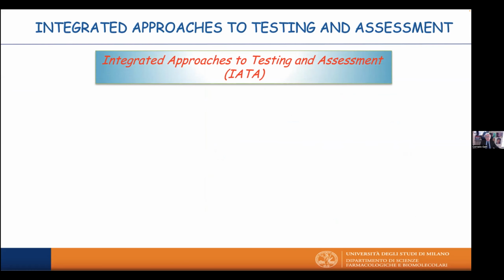Now, what is new is that nowadays, since the use of animals is very criticized, the attention of scientists and toxicologists is toward something that is wider: the so-called integrated approaches to testing and assessment, the IATA.